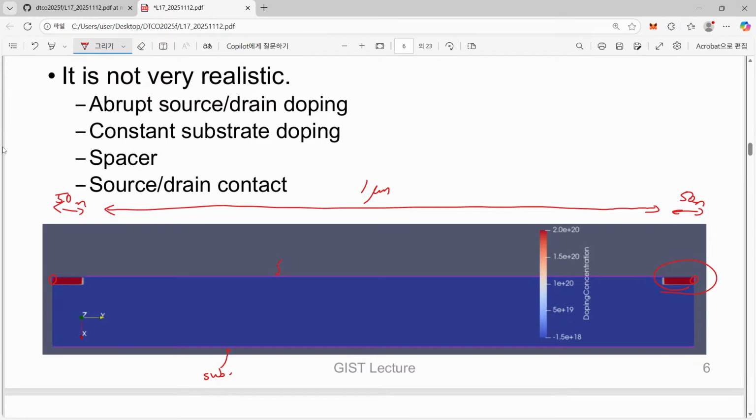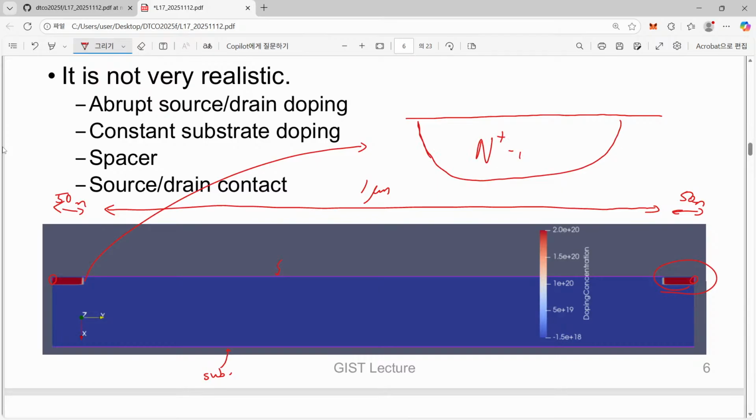Of course, if we draw it really realistically, then what we have to do is like this. Here we have a certain well, an n plus well, which was formed by ion implantation. Actually, what we are observing right now is just a half of it. So this half is drawn here.